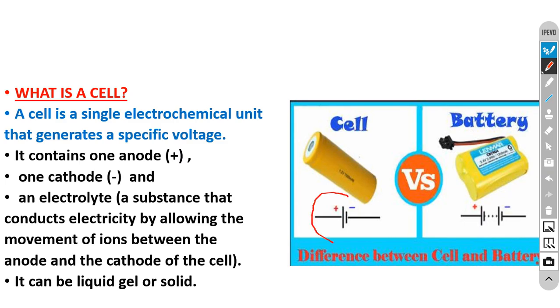Look here, this is a symbolic representation of a cell in physics. The longer side here is the positive terminal, while the short side here is the negative terminal as illustrated in the diagram. So the moment you combine up to 2 cells, you don't call it a cell again. If you have 2 or more cells, then you can call it a battery. And this is the symbol. Okay, so this is the picture and below is the symbol.